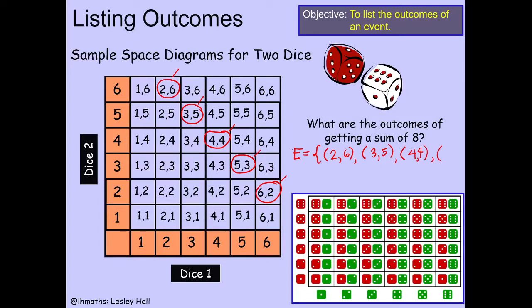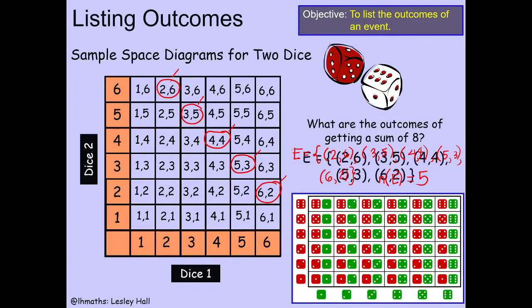We have 5, 3. And lastly, we have 6, 2. And then the braces again. And how many outcomes are there? There are 5. Okay, there you go. So that's our example about dice.